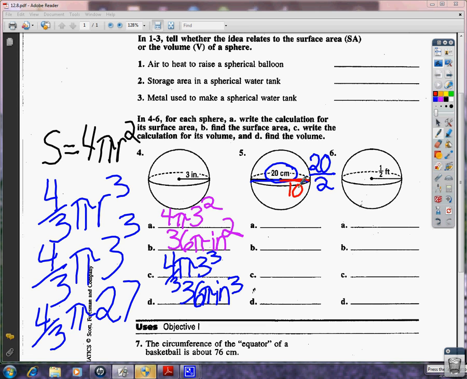Now, you need to go through exactly what we went through over there. Also, be careful when you do number 6 because the radius is a half, which is a fraction.